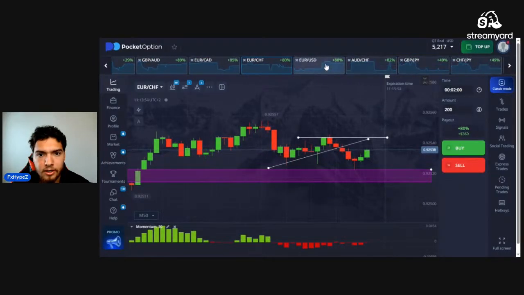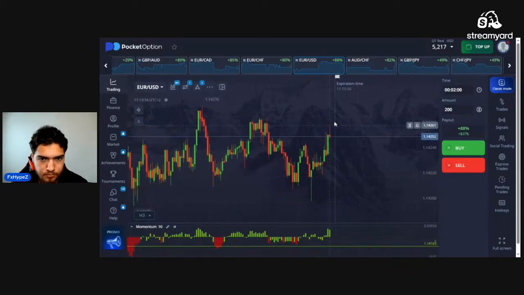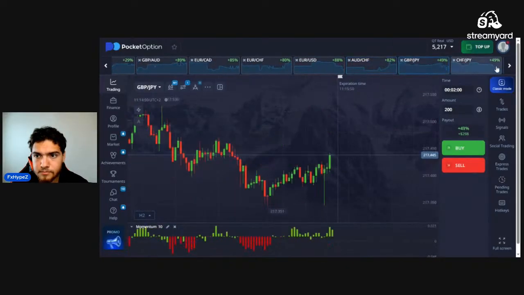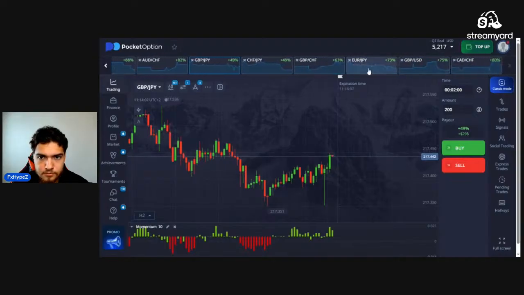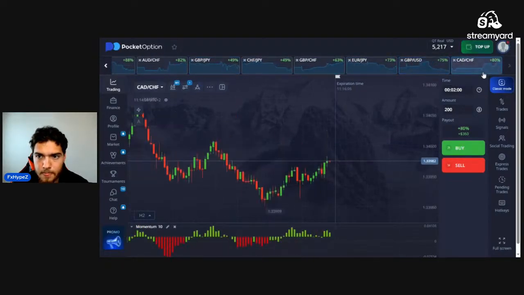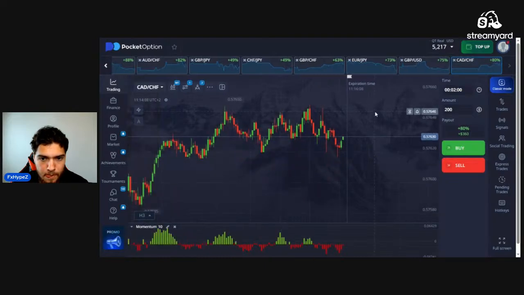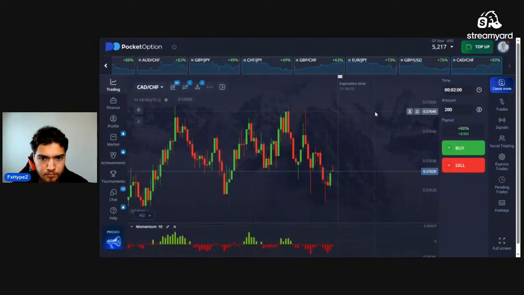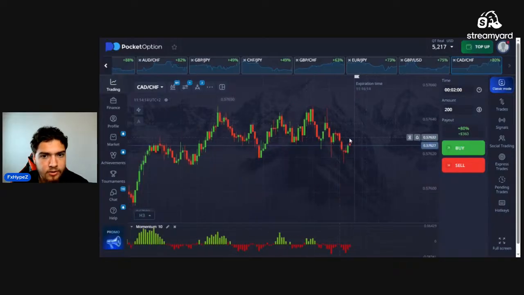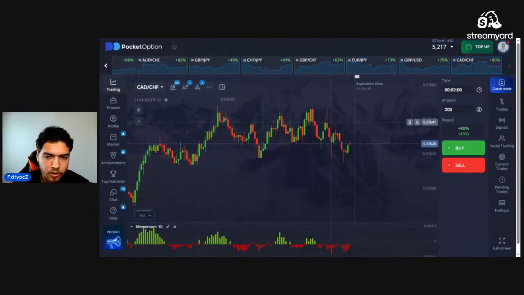Let's see what other setups we can find. Okay, so we have CAD CHF right here. CAD CHF is somewhat moving in parity with Euro CHF, the previous trade that we took.